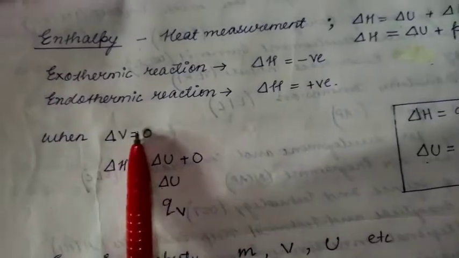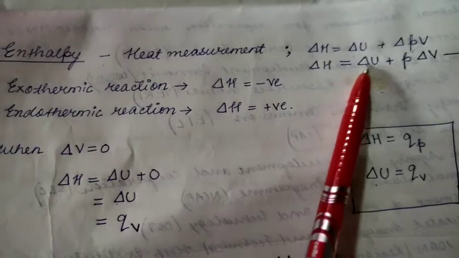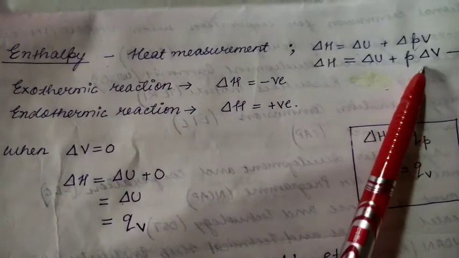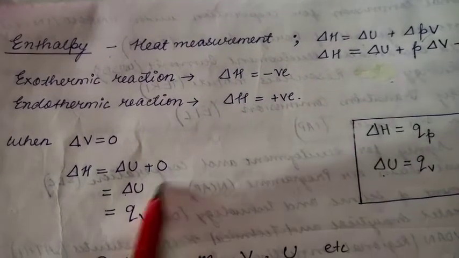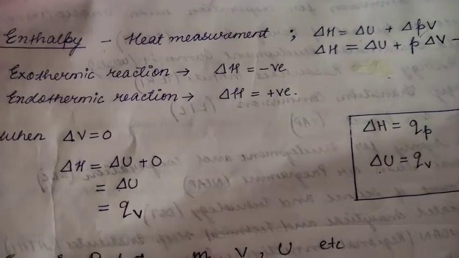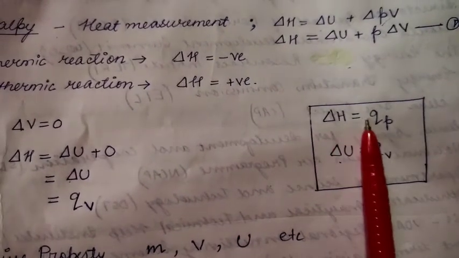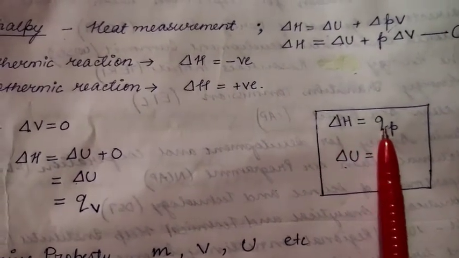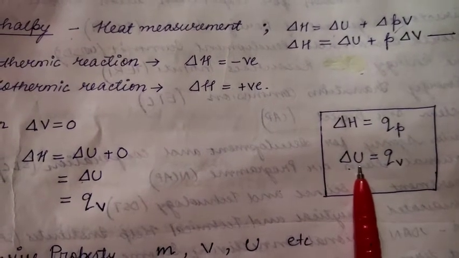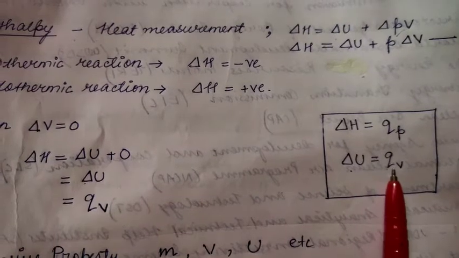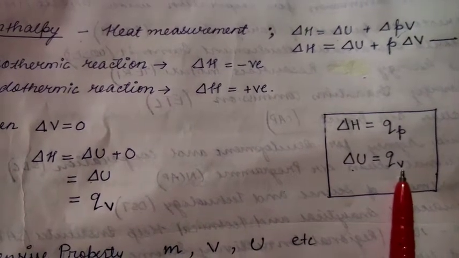Now, when delta V equal to 0, the equation will become delta U plus P into 0. As a whole, this term will become 0 and we will be left with delta U. Now, you have to remember one formula where the enthalpy is equal to heat at constant pressure, and delta U, which is internal energy, is equal to heat change at constant volume.